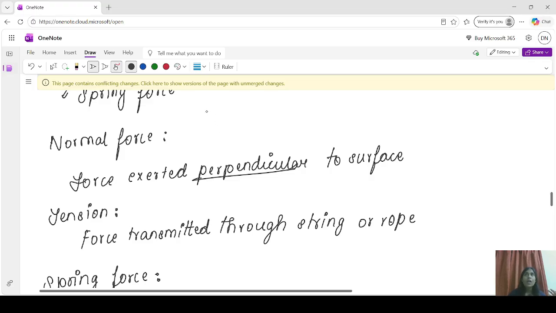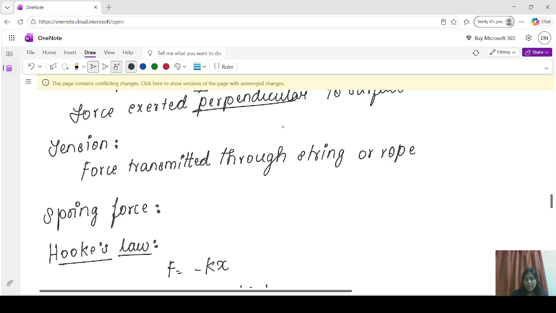We can imagine this as a table, and here I have kept a bottle. And this bottle is perpendicular to the surface of the table.